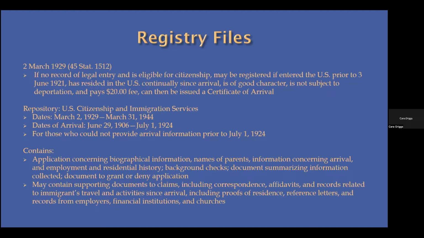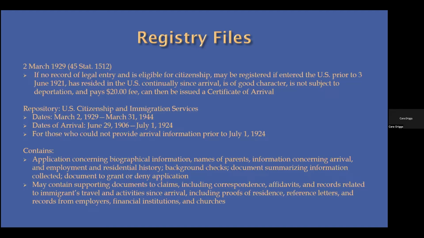Older records in their holdings, like the ones I'm discussing today, are available through their genealogy program. The program covers records of those who were naturalized between April 1st, 1956, or arrived before 1945. Records after 1944 could require a FOIA request, but USCIS provides information on how to submit that paperwork.